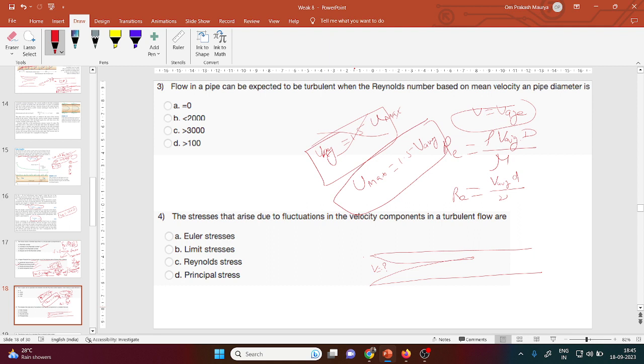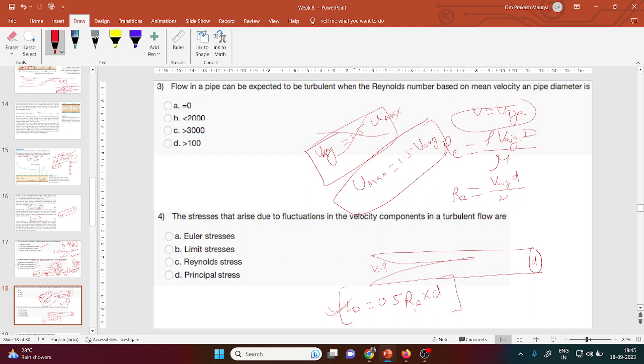or maybe the development length formula, if I want to write it for the laminar case, is 0.5 Re times D, where D is the diameter of the pipe. So if the question is like that, some information will also be there, and maybe the development length L_D is given.